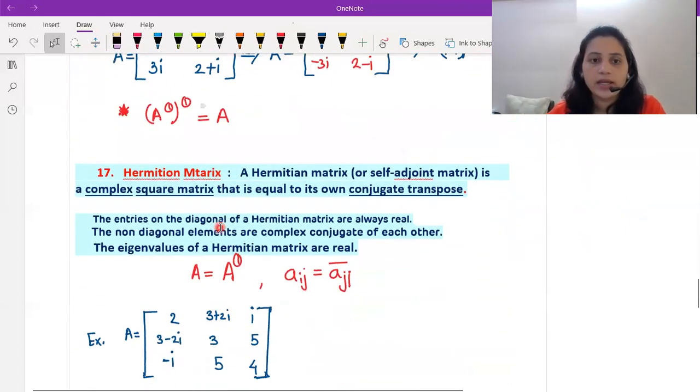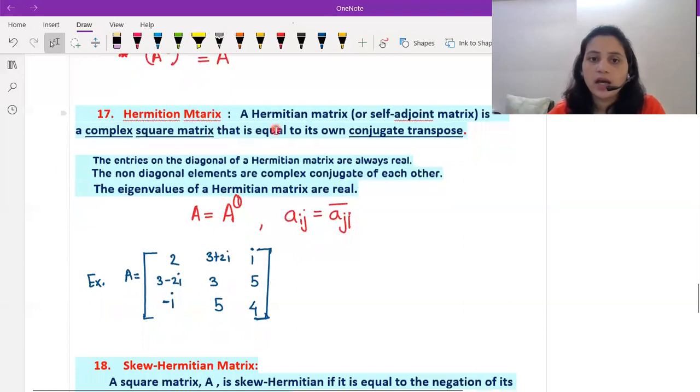Okay. Next, Hermitian matrix. A Hermitian matrix, or you can say self-adjoint matrix, is a complex square matrix that is equal to its own conjugate transpose. That means if the matrix is equal to its transpose conjugate, that is, if A is equal to A raised to theta, then that matrix is called a Hermitian matrix.